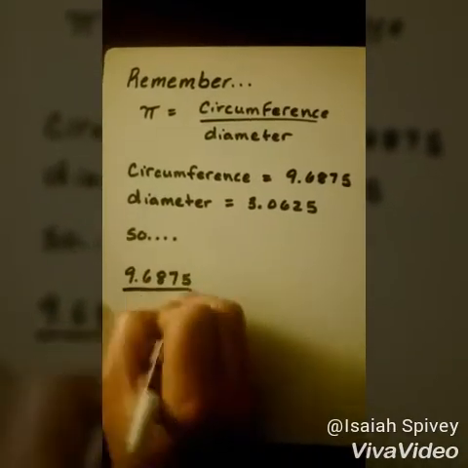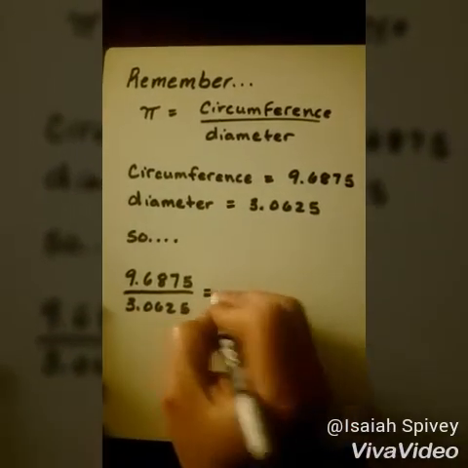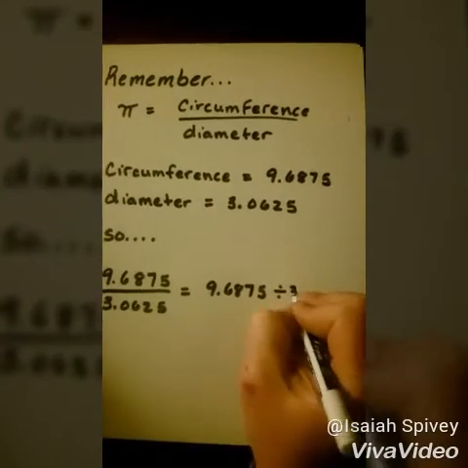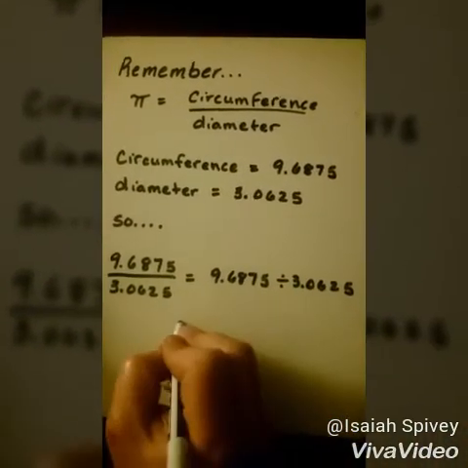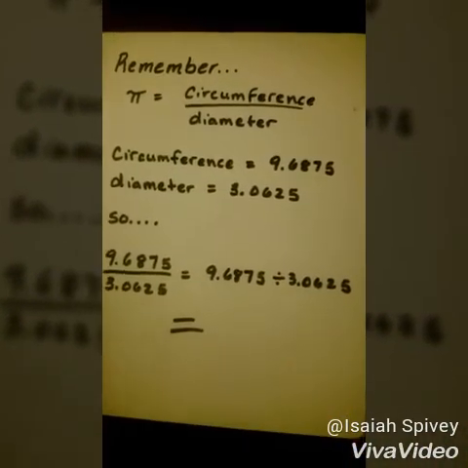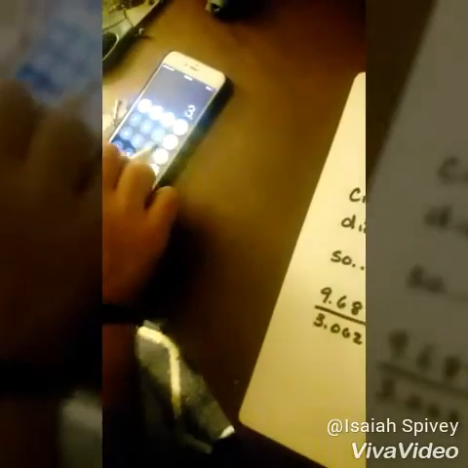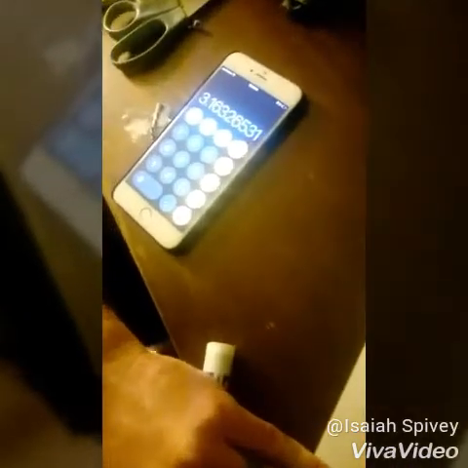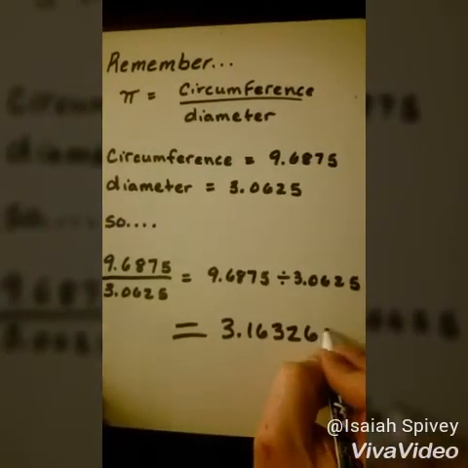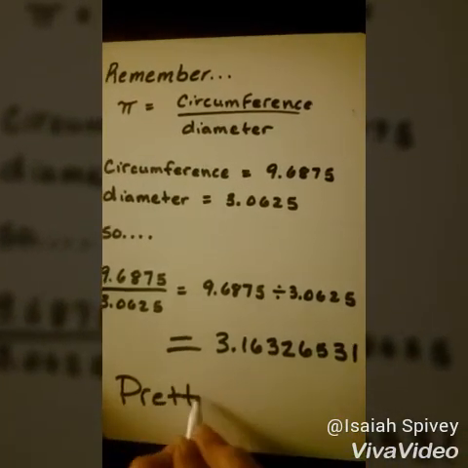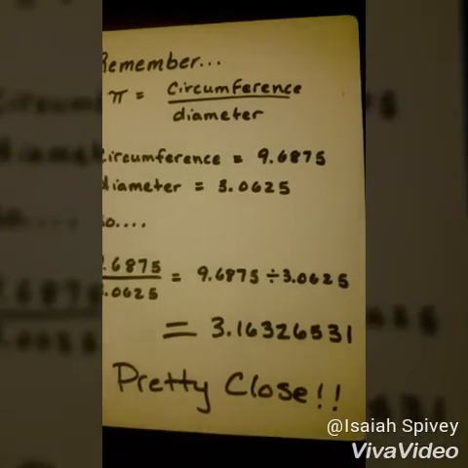So all I have to do is write it down as a ratio and then divide 9.6875 divided by 3.0625. Type it in your calculator and let's see what we get. 3.16326531. It's pretty close.